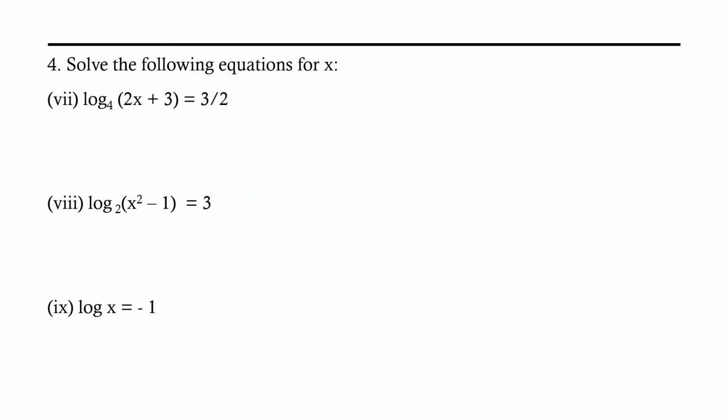The next question, log 2x plus 3 to the base 4 equal to 3 by 2. So from this we have 4 raised to 3 by 2 is equal to 2x plus 3. Now this we can write it as 2 square the whole raised to half the whole cube. 4 is 2 square, and 3 by 2 we can write it as the whole raised to half the whole cube is equal to 2x plus 3.